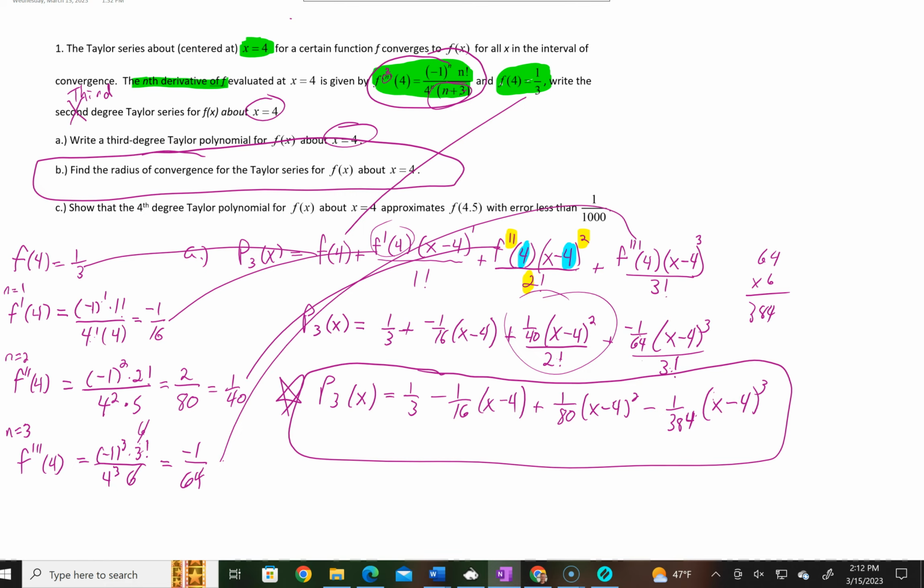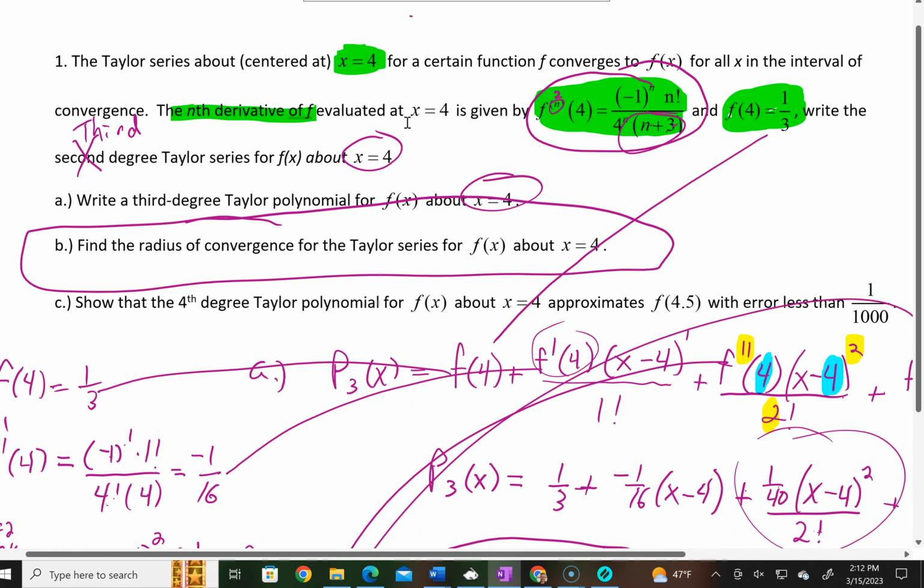Hold on. Radius of convergence. Holy cow. Here's what I want you to think about. The radius of convergence is tied to the interval of convergence, right?